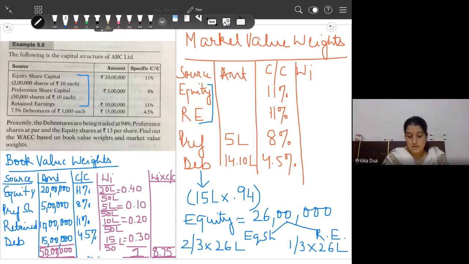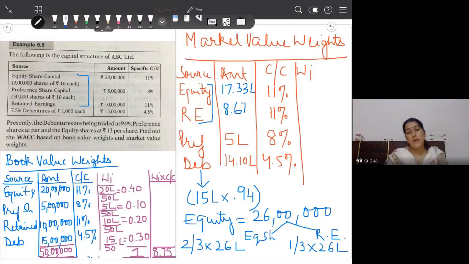So the amount is coming to 17,33,333 as the value of equity, and retained earnings will be 8.67 lakh.